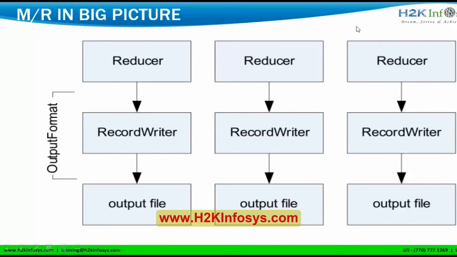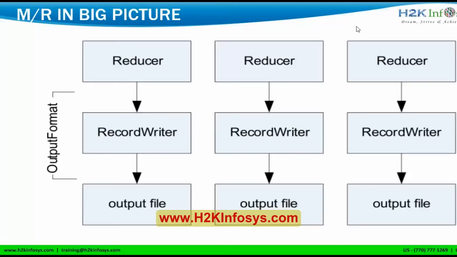Cool. Okay, so the record writer is the object which will process our final key value pairs. After that there is something called the output format. The functionality of the output format is not as critical as our input format. The output format is just responsible for writing the outputs from our reducer.